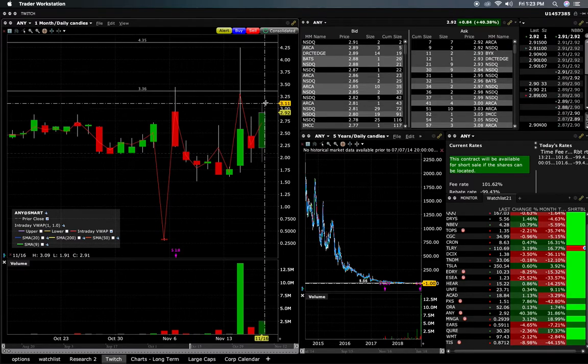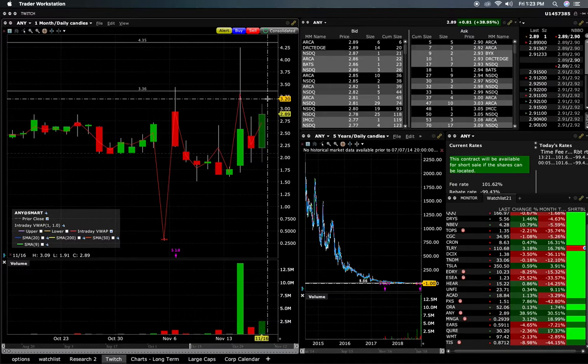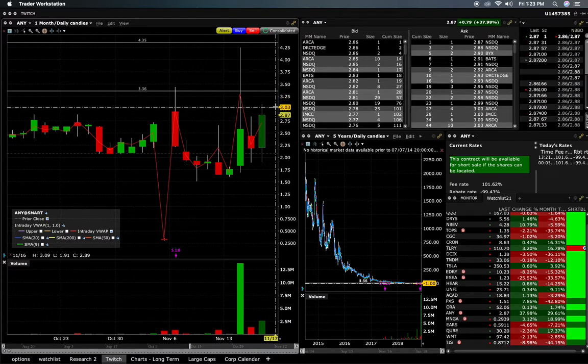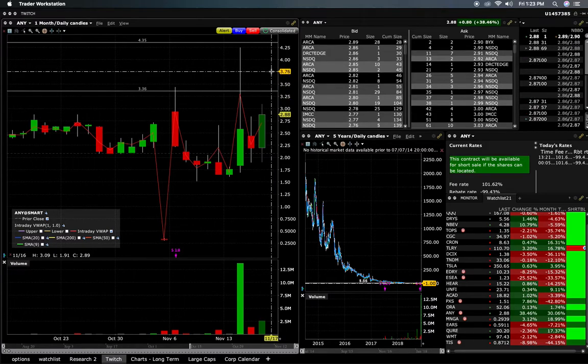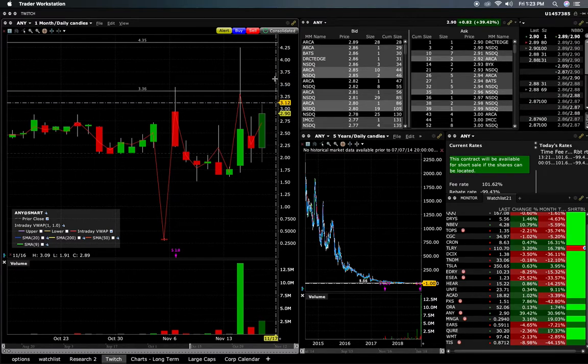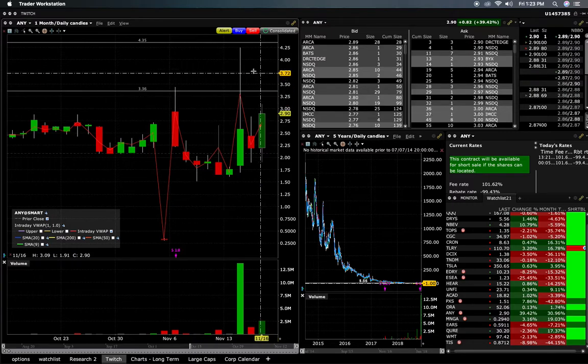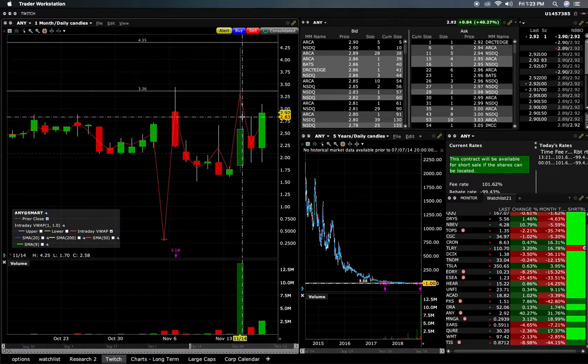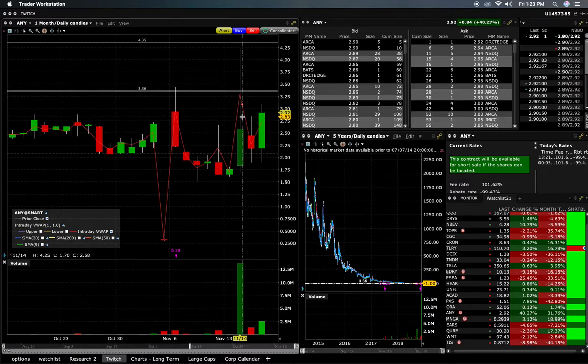Okay. So I would say in this area, from probably like 3.15, maybe even $3, to $3.75, this entire place is probably going to be tough for the stock to just break through that easily.